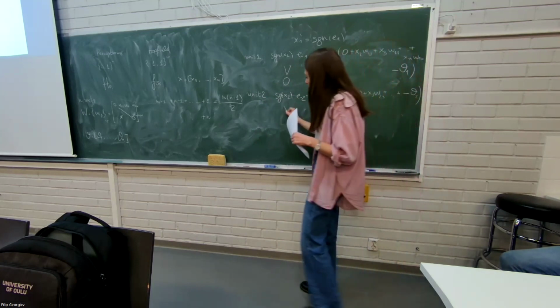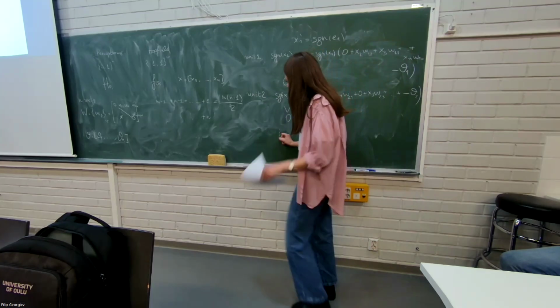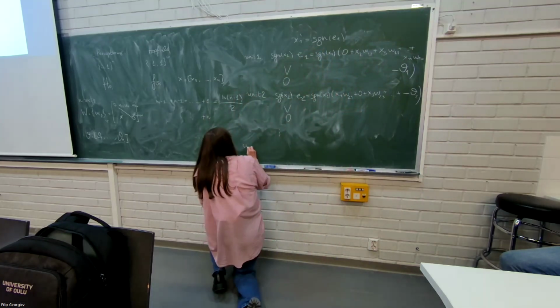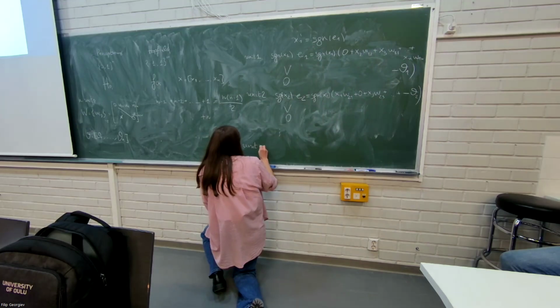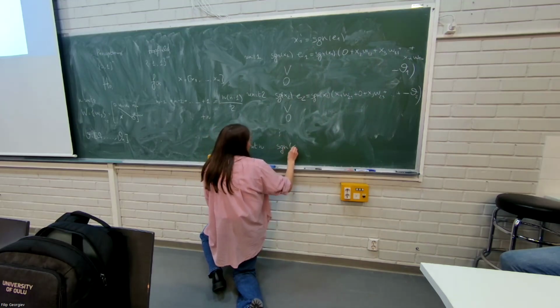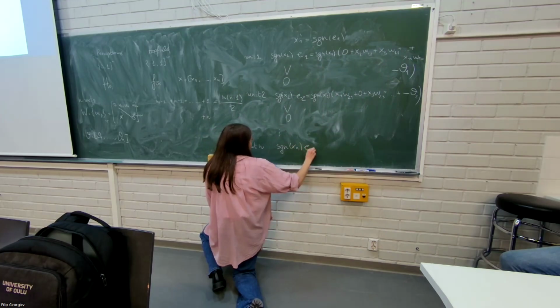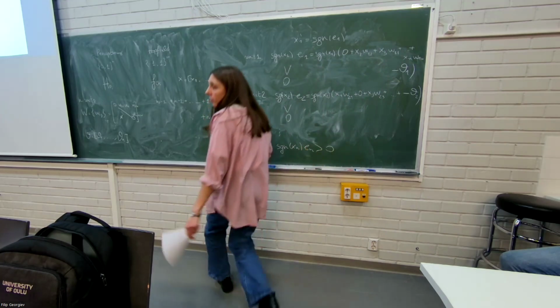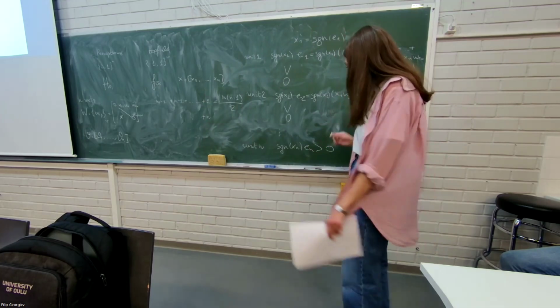And I want this to be greater than 0, etc. Unit n: the sign of xn En greater than 0.